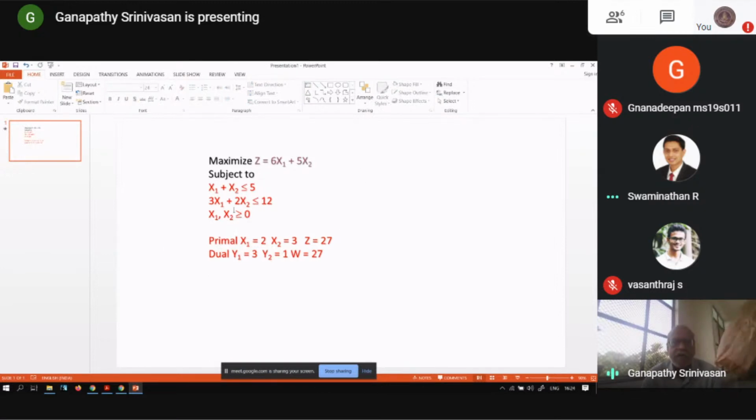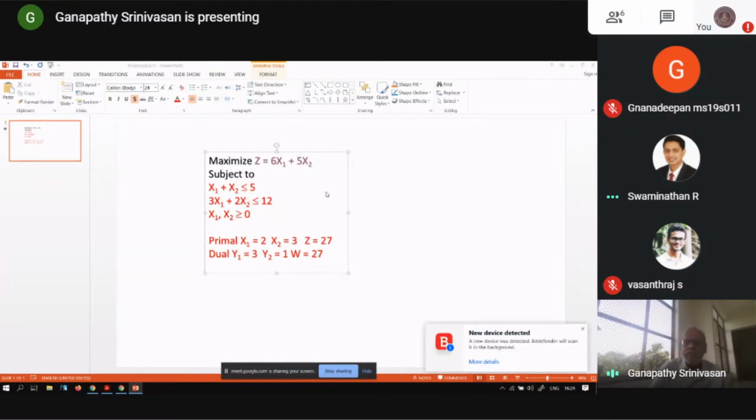Now what we try to do is take this as a product mix problem. Take this as two resources that you are using. Let's say you're making tables and chairs, an example that I often give. So let's assume that this resource is called wood, and let's say this resource is called metal. Now what is the dual trying to tell you?